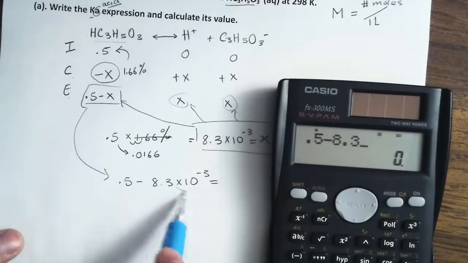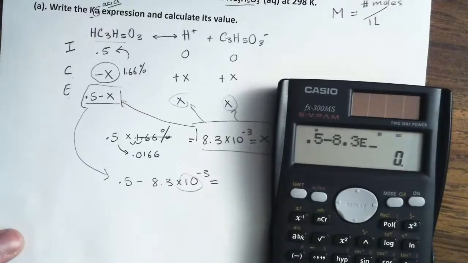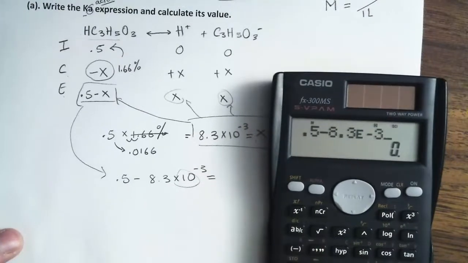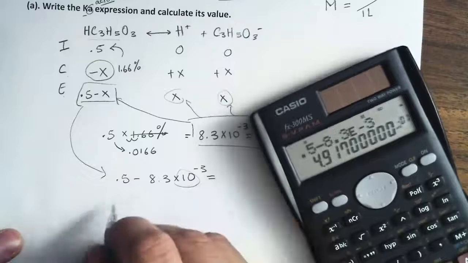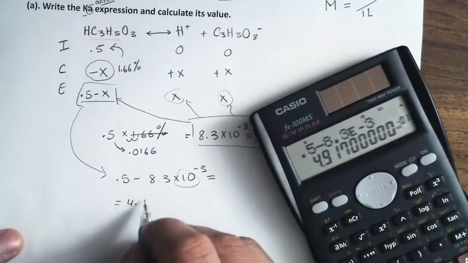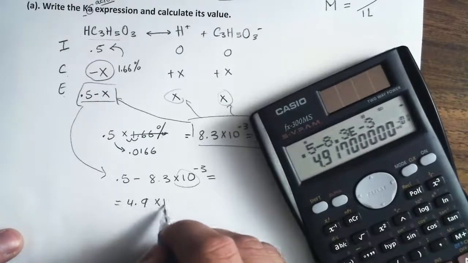And of course, this is the equilibrium concentration, giving us 4.9 times 10 to the negative 1.